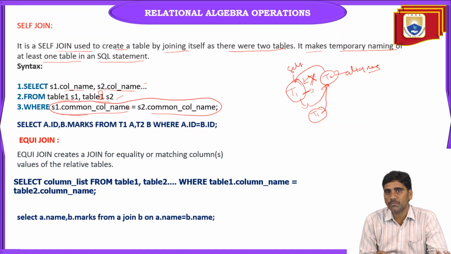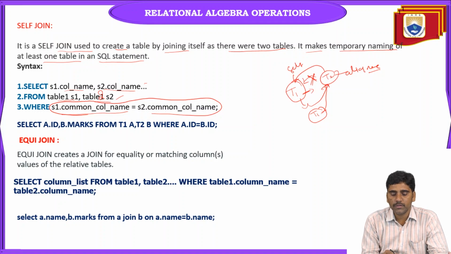That indicates the table 1 column name equals the alias table column name. Because it is a self join, they always match. So the table matches with itself and the result is displayed based on this condition.